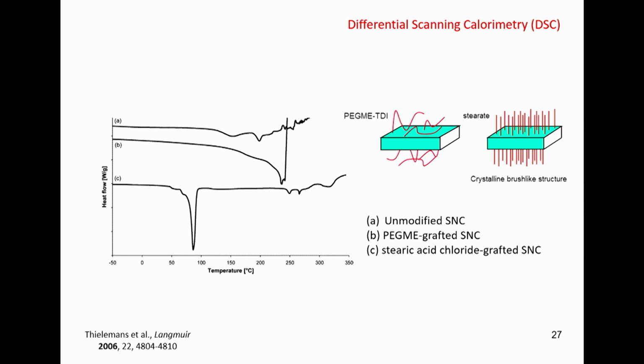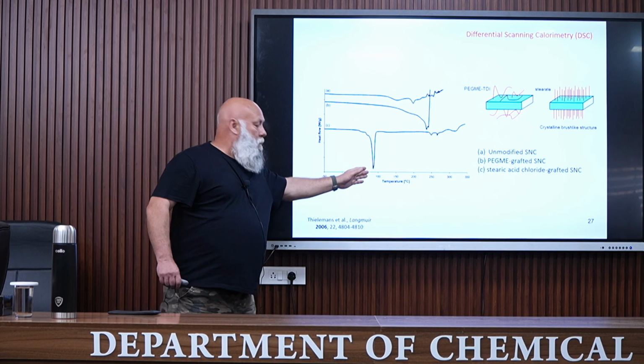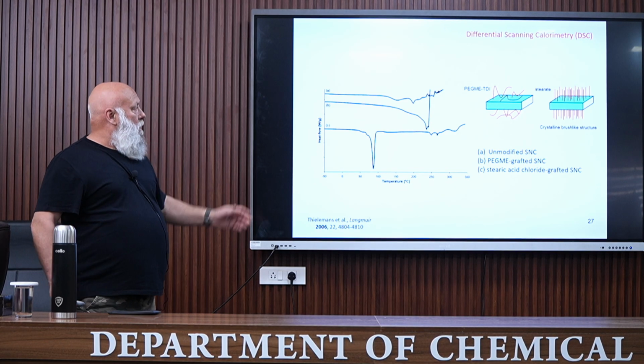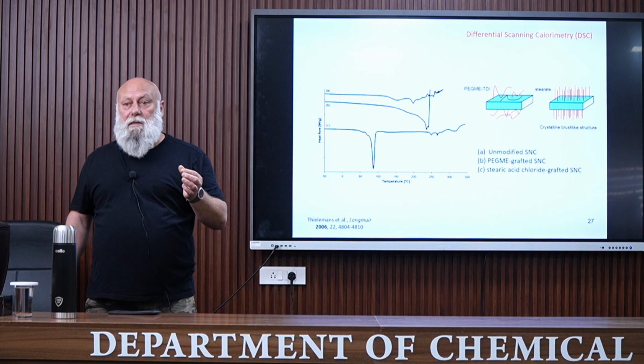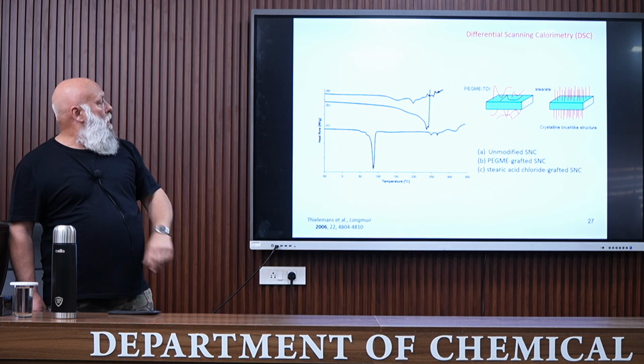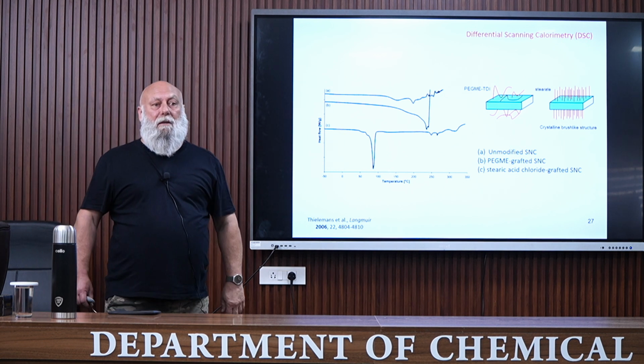In the case of low density polyethylene, the melting temperature is around 105 degrees, and for high density polyethylene, it is more like 140 degrees. The reason for this low melting point of the graft structure is that the size of the crystals is small, because it just consists of 16 carbon atoms.